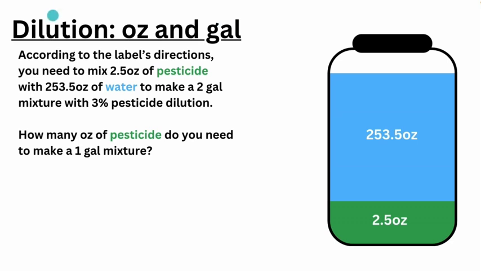Now I'm going to read the question. According to the label's directions, you need to mix 2.5 ounces of pesticide with 253.5 ounces of water to make a 2-gallon mixture with 3% dilution. That's a lot, okay? It helps me to write it down.